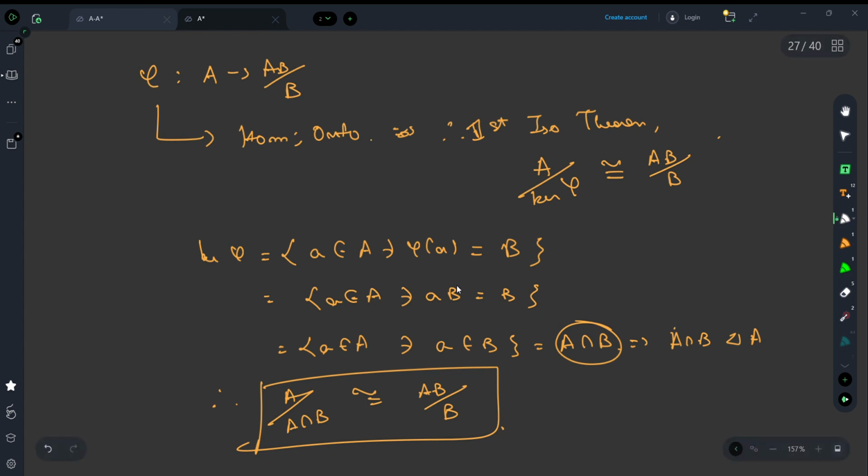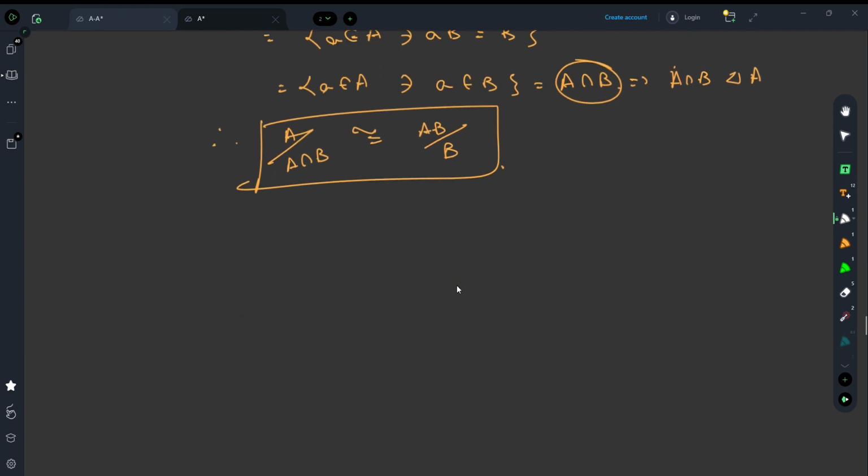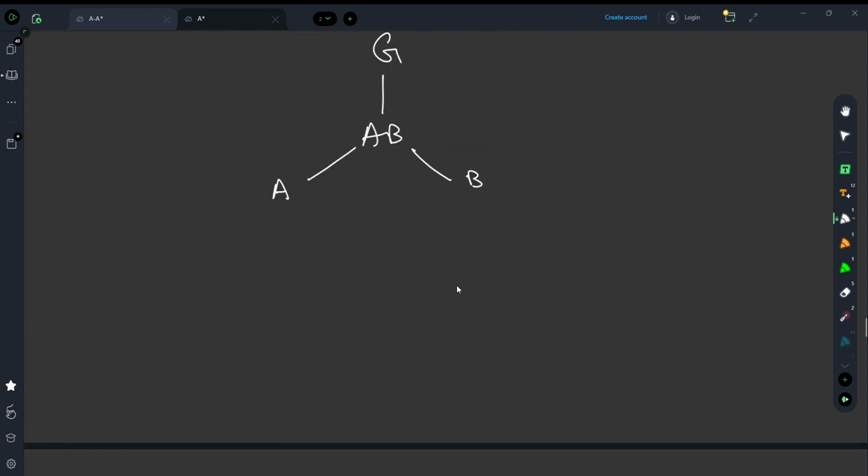Now, why is it called the diamond isomorphism theorem? If you don't know what a lattice is, I'll refer to my lecture on the lattice of subgroups in my playlist. How can we justify the term diamond isomorphism theorem? If I consider a group G, then under the circumstances in which the theorem holds, AB is a subgroup of G, A is a subgroup of AB, and B is also a subgroup of AB.